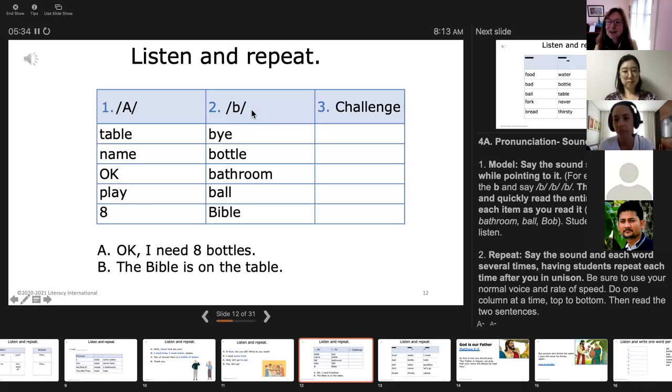But it's very hard to make a consonant sound without putting a vowel after it or before it. So what we want to make sure is when people pronounce this sound, they don't give it an extra syllable, and instead of saying by, they'll say buh-I, buh-ottle, buh-athroom. Okay, it should just flow into the vowel.